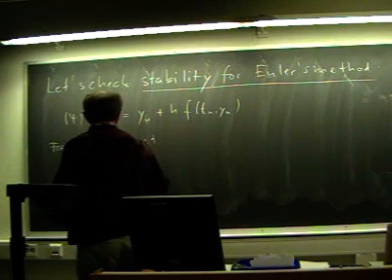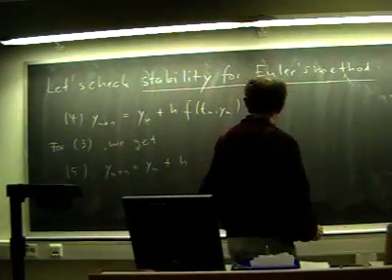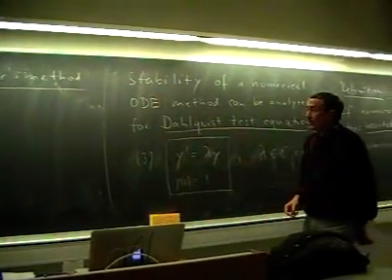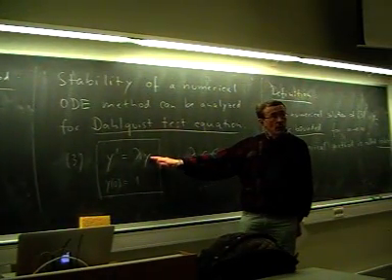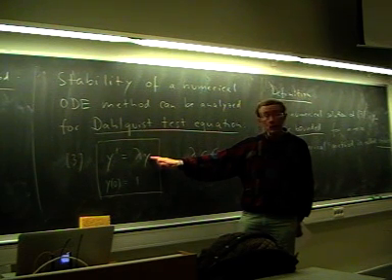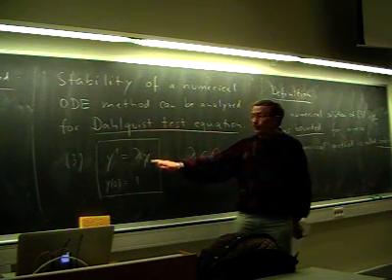yn plus 1 is equal to yn plus h times f of t and yn. This is our f of t, y. We have no t dependence, only y dependence. So f of t and yn is simply lambda yn.